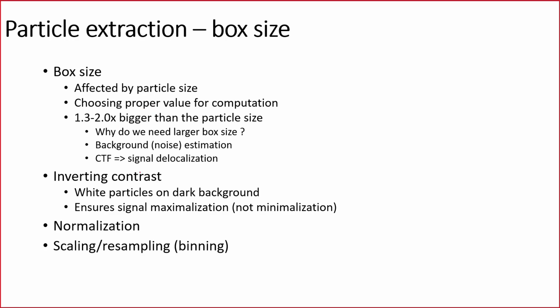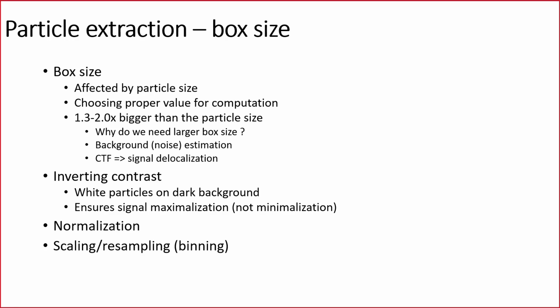If your molecule is small, then choose a 2 times bigger box, like for apoferritin. If you have a very large molecule or a very large complex, like for example a virus, you can go down to 1.5 or 1.3, because the signal delocalization depends on the edge and is defined by the distance from the edge of your object, not by the size of the object.